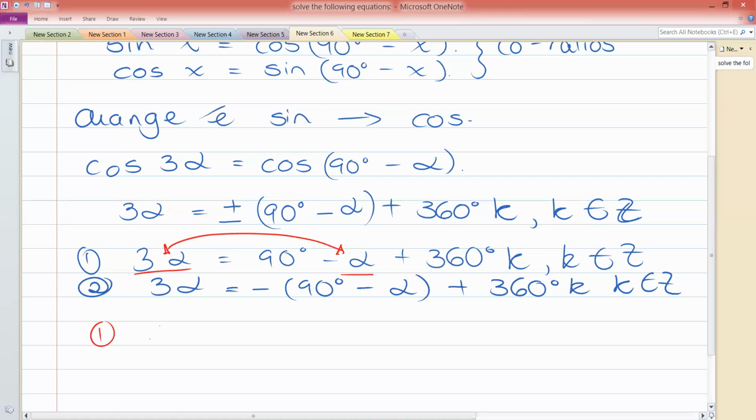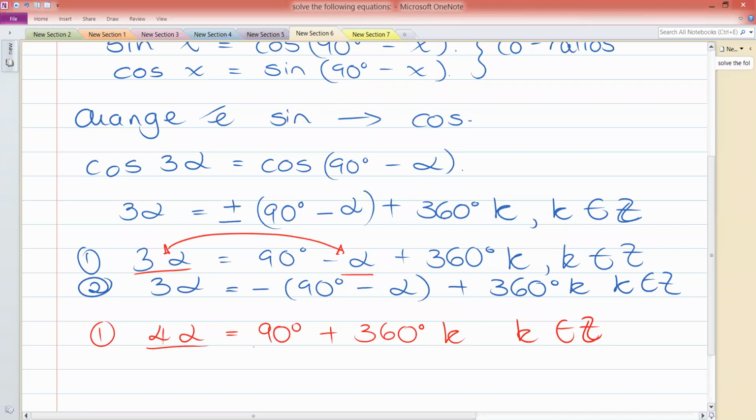So this now is 4 alpha is equal to 90 degrees plus 360k. Can you see what I did there? I brought the negative alpha over. It became positive. So 3 alpha plus alpha is 4 alpha. Next step, remember you want to solve for alpha.